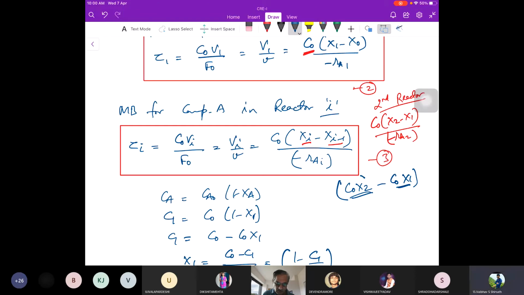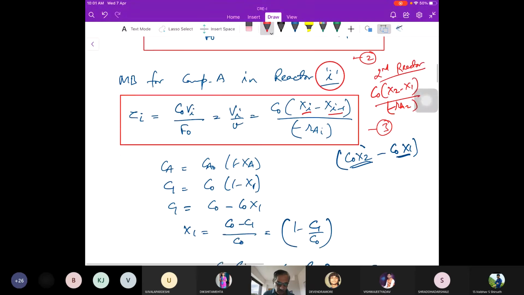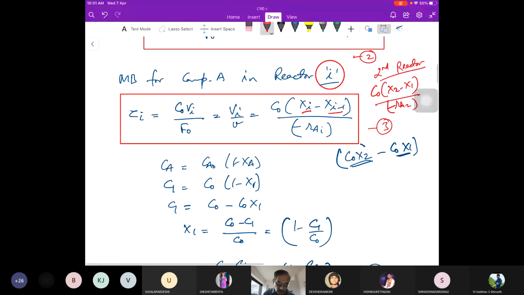मतलब सर वो सिंगल रिएक्टर के लिए है क्या? सिंगल रिएक्टर के लिए वी आर टॉकिंग अबाउट ith reactor. In any particular reactor, it can be first, second, third, fourth, fifth, nth reactor. But for one particular reactor, उस reactor का performance equation क्या है? Is that clear?